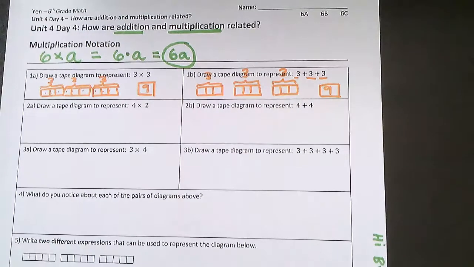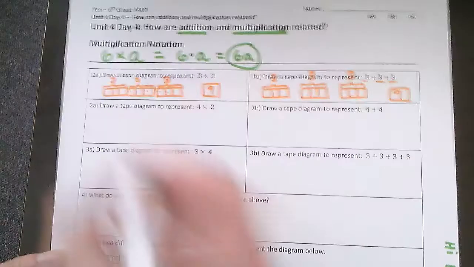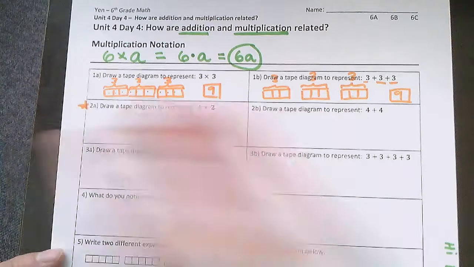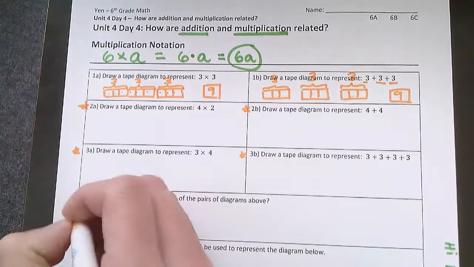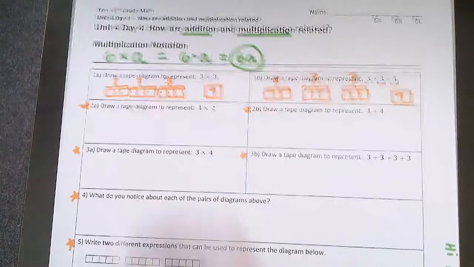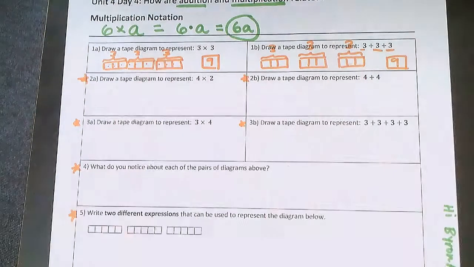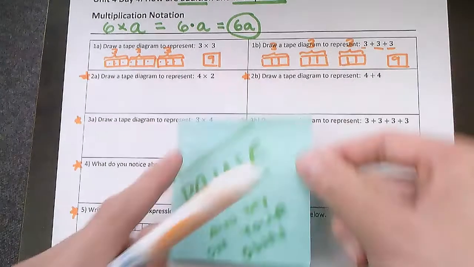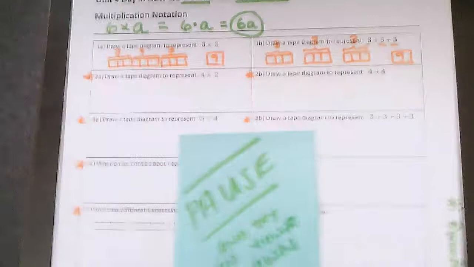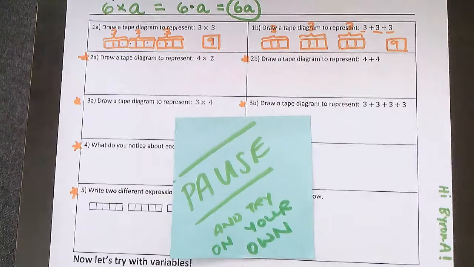Okay. So now that I've shown you these two examples, you should be able to do 2a, 2b, 3a, 3b, and then I also want you to try 4 and 5. All of those, using these two examples, you should be able to finish on your own. So with that, I'm going to have you pause and try the rest of these on your own.